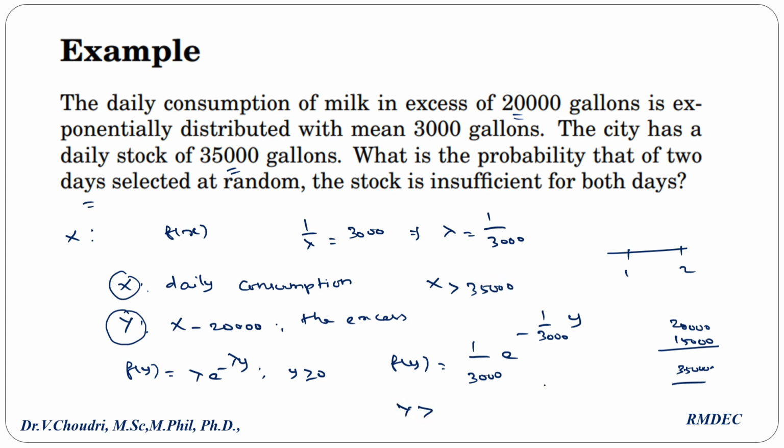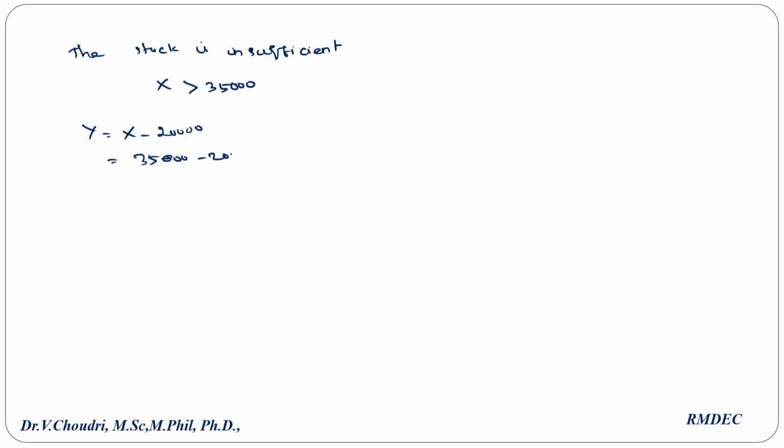Since y equals x minus the base amount, 35,000 minus the base amount gives the excess y greater than 15,000.